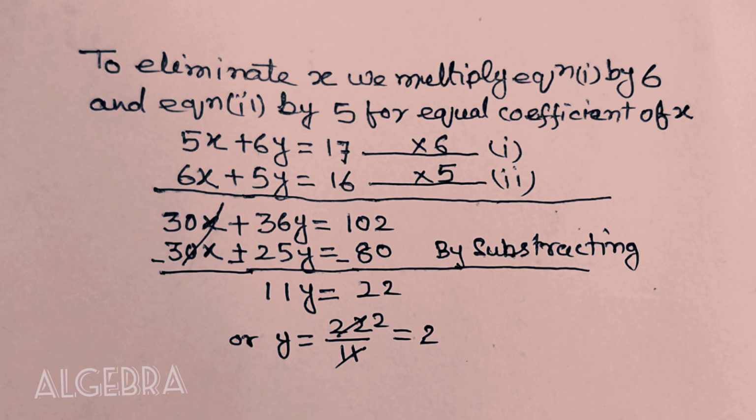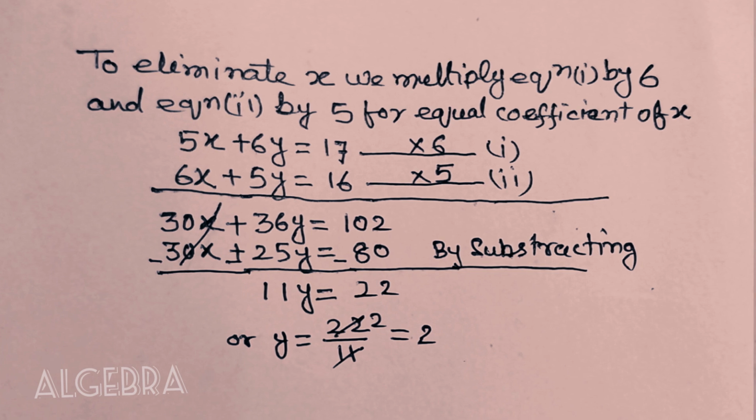So 5x plus 6y is equal to 17 multiplied by 6, and 6x plus 5y is equal to 16 multiplied by 5. 30x plus 36y is equal to 102, and 30x plus 25y is equal to 80. By subtracting, 11y is equal to 22, or y is equal to 22 by 11 is equal to 2.